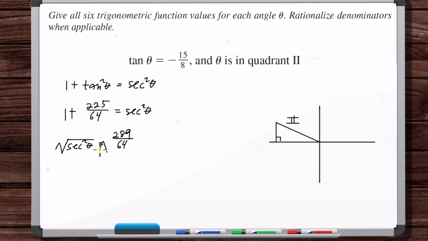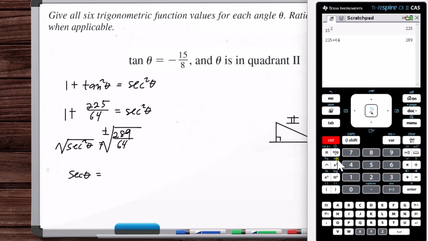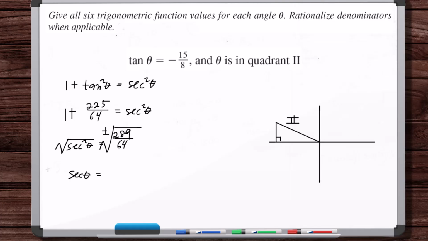225 over 64 is equal to secant squared theta. So secant squared theta is 64 over 64 plus 225 over 64, so 289 over 64. So secant theta, what is the square root of 289? It is 17. So plus or minus 17 over 8. All right, but which one?